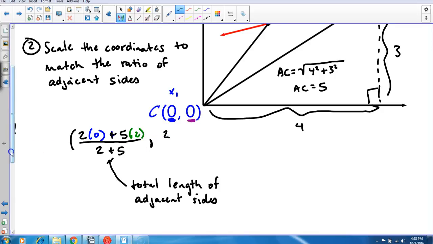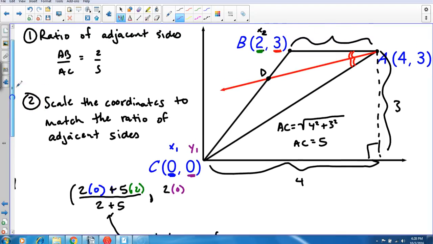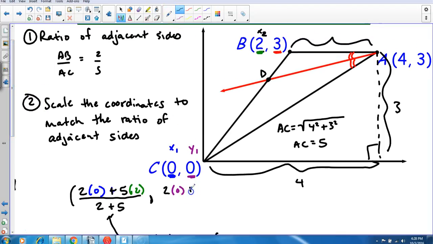So we're going to take our first length in our adjacent side, and our y1, which we colored purple here. I'm going to multiply that by 0 for our y1, and add that to the second length, 5, times our y2, which we have color-coded with red here.